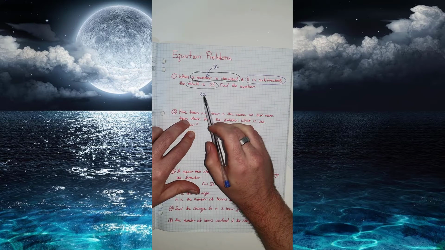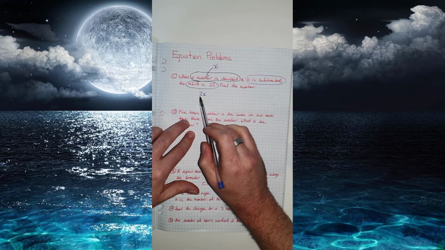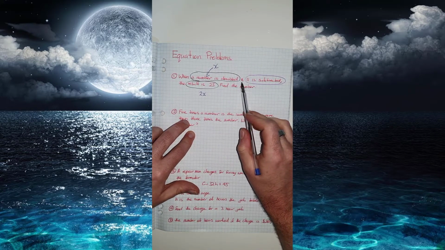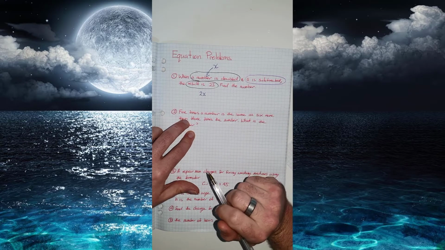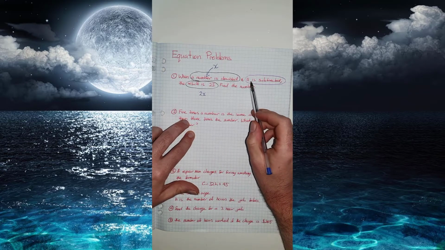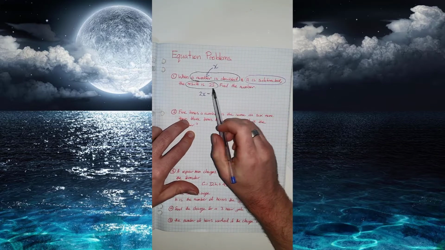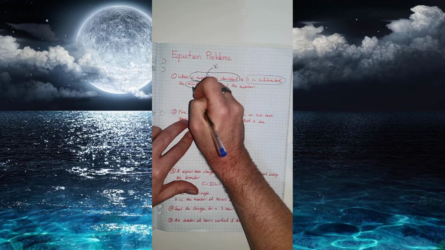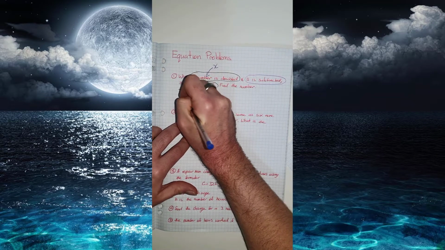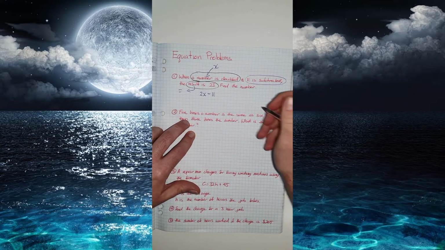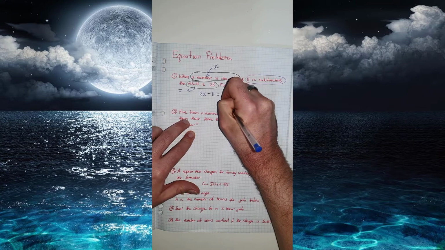So when a number is doubled, 2x, and 11 is subtracted, so minus 11. The moment you see the result, that's an equals sign, equals 23.